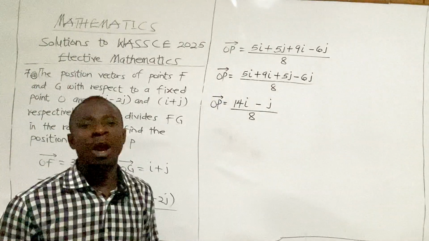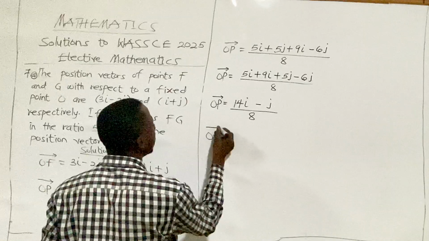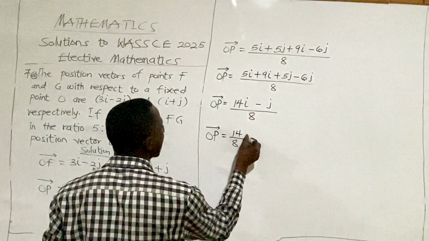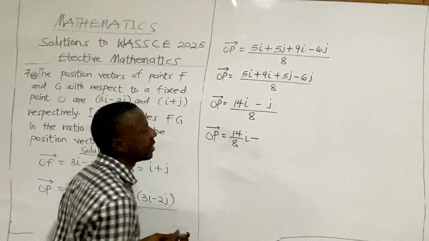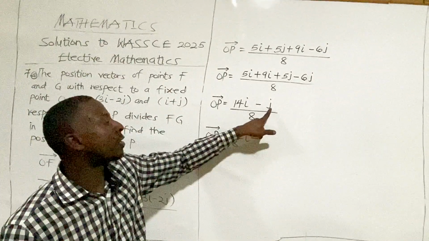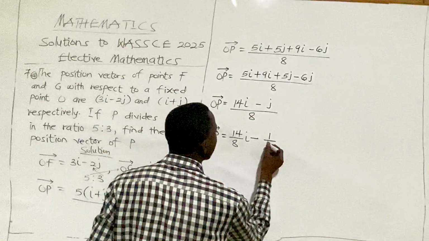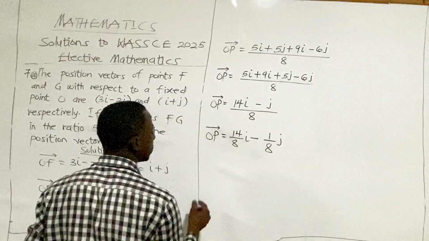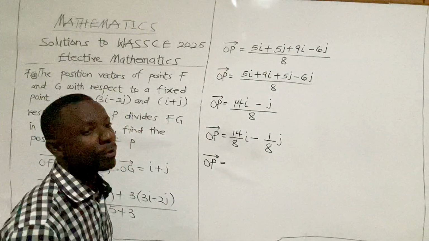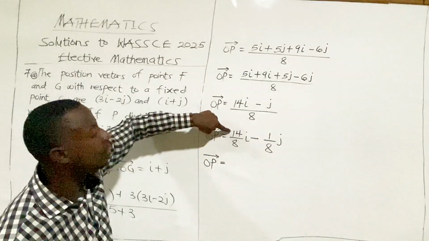So from here, we are going to split. We have OP equal to 14 over 8 i minus, we all know that the coefficient of j is 1, so it's going to be 1 over 8 j. Now from here, 2 goes into 14 seven times and 2 goes into 8 four times.